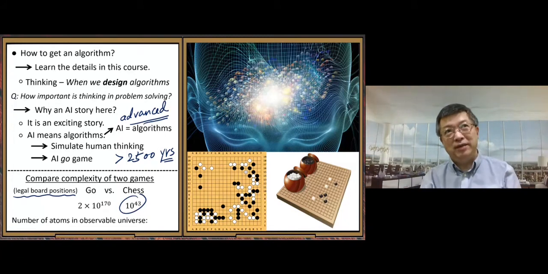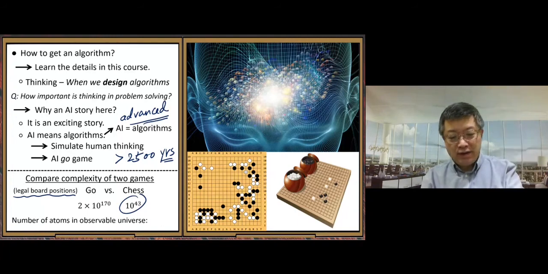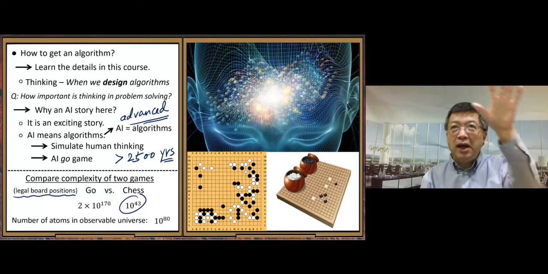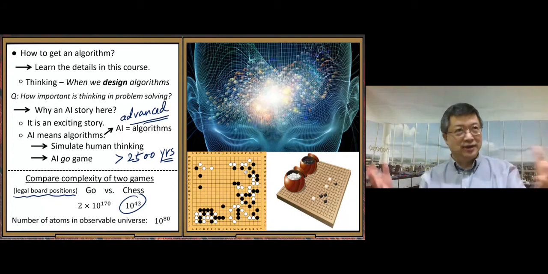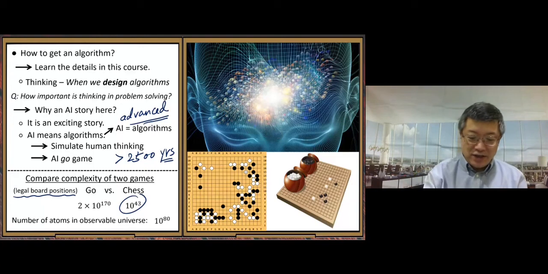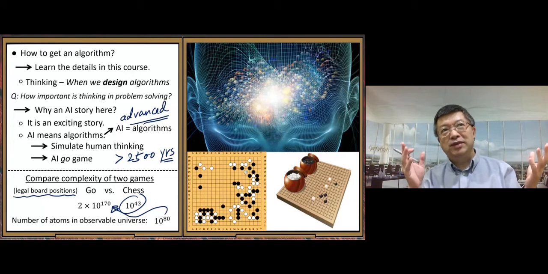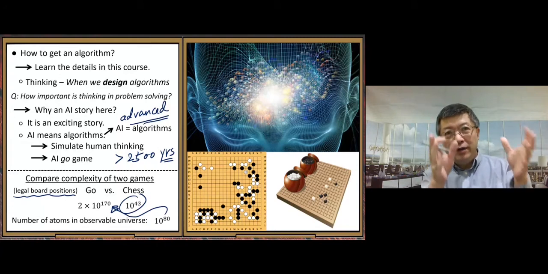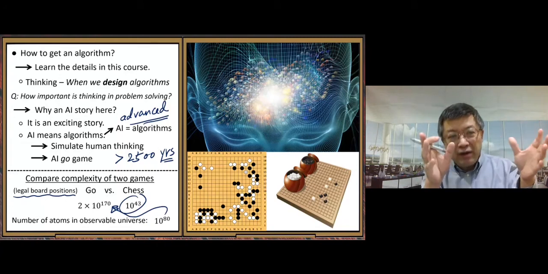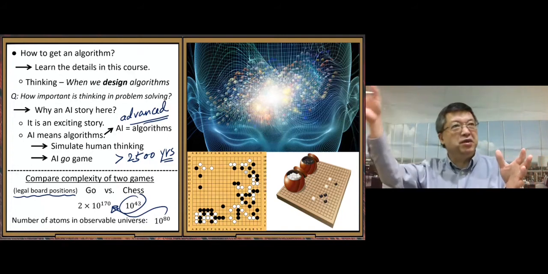Scientists estimate that number to be 10 to the 80th power. See? So this number is somewhere between those two big numbers. The number of legal positions for the Go game is much, much bigger than the number of atoms in the observable universe.